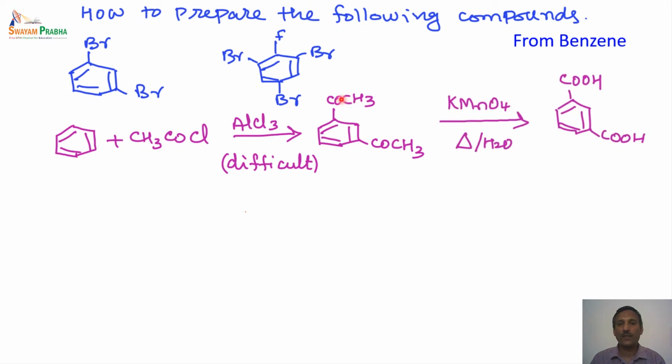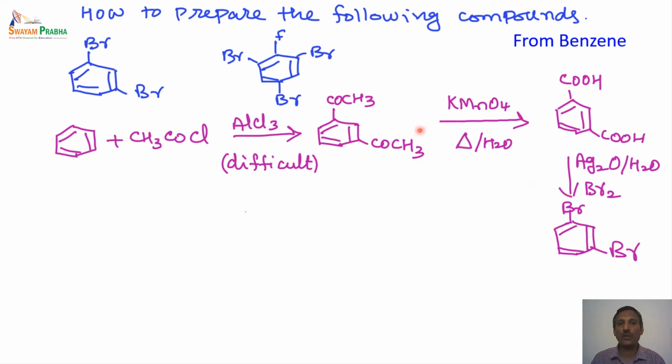and this disubstituted ketone on treatment with KMnO4 and heating at high temperature produces the corresponding dicarboxylic acid, and we can follow the Hunsdiecker reaction. Once we make the dicarboxylic acid, we can convert that into the silver salt, followed by treatment with bromine, which produces the corresponding dibromo derivative.